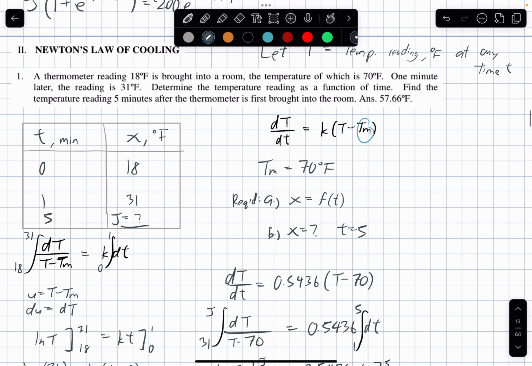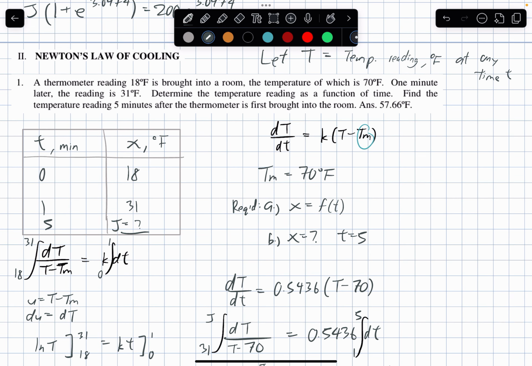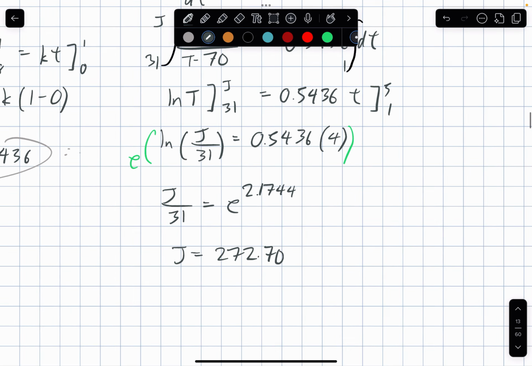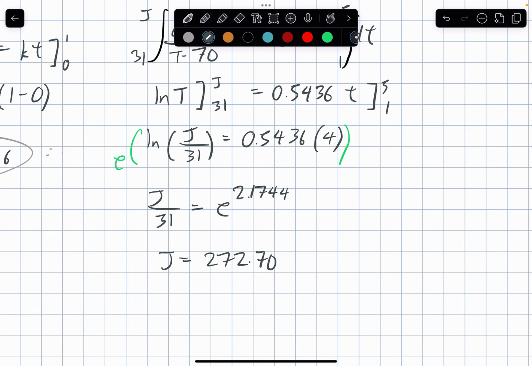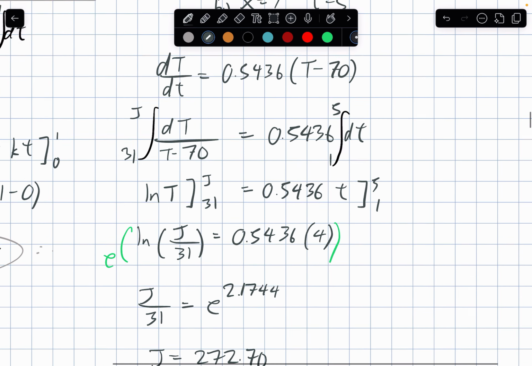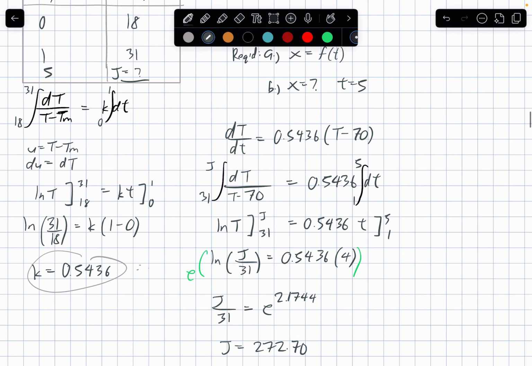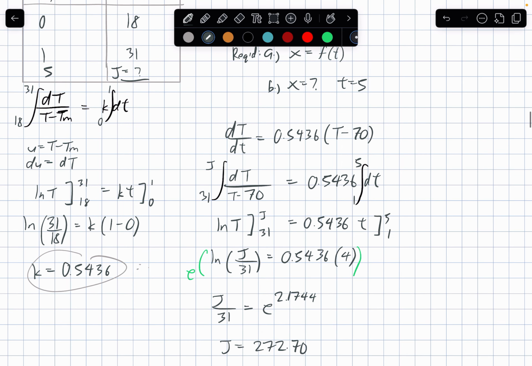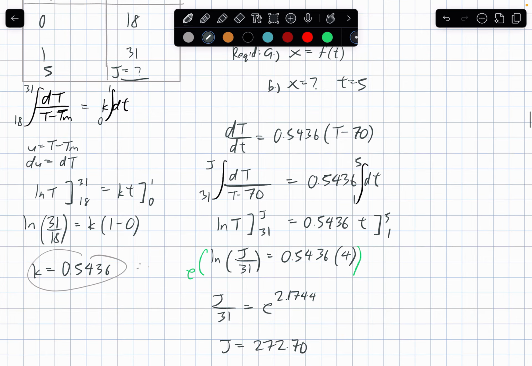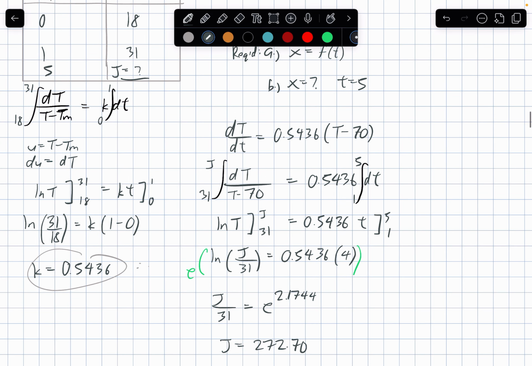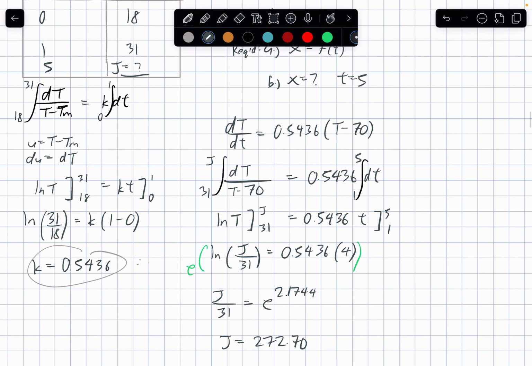Hold up. Why is it suddenly so big? Wait, something's wrong. Let's see.